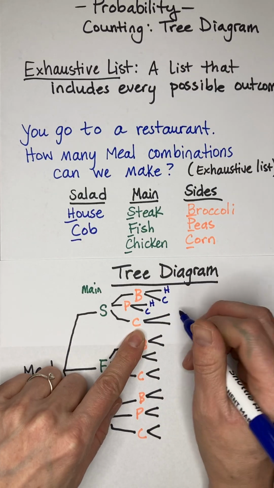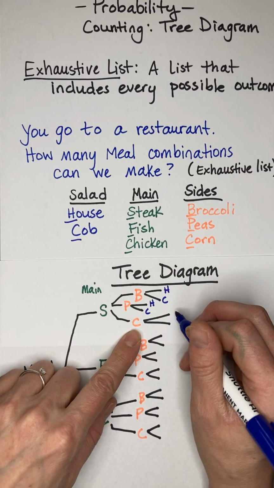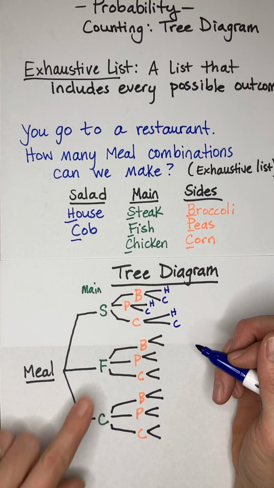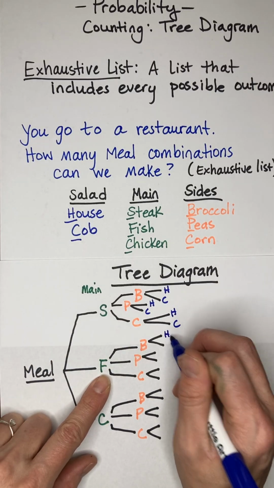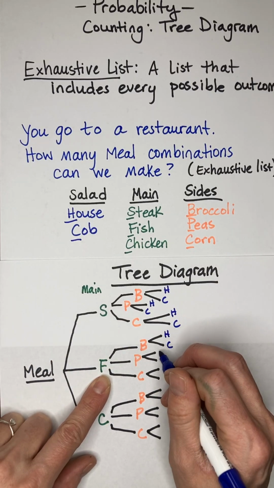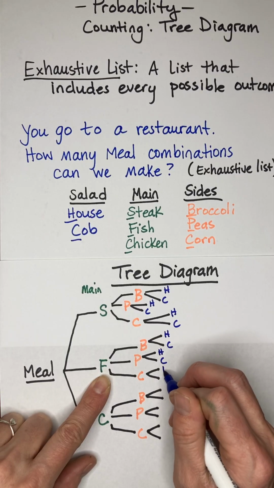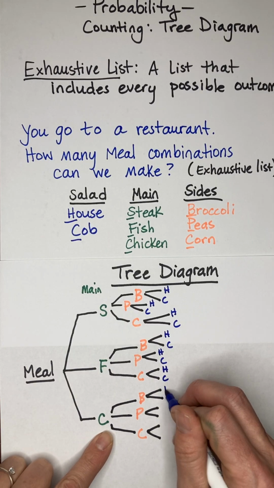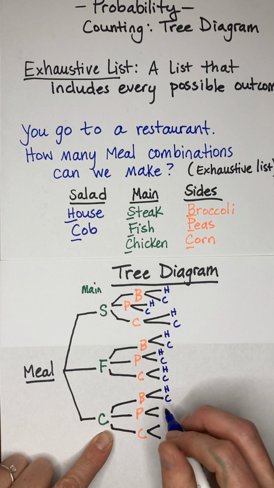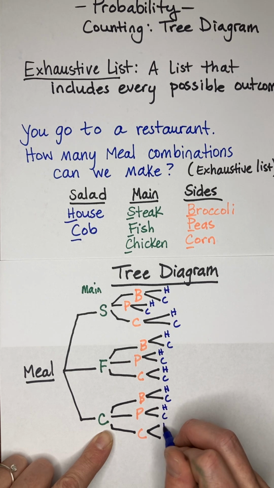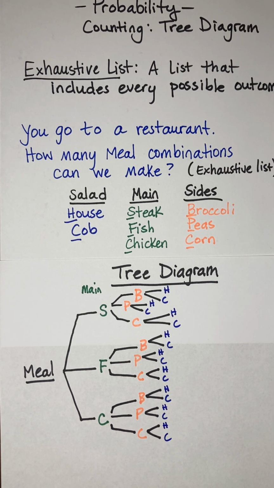For a steak and corn, I can do house or cob. And the same thing here with fish and broccoli, or fish and peas, or fish and corn, or chicken and broccoli, or chicken and peas, or chicken and corn. You can see a tree can get a little bit messy and congested very quickly.